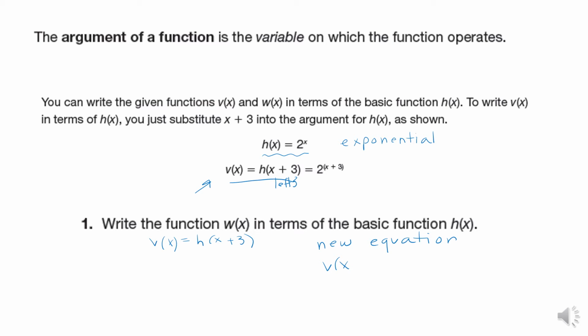So the v of x, and I would write it as 2, and then instead of just my x being alone up here, I put it in parentheses, x plus 3, on the argument. So it's with the exponent on the argument. Okay? Everybody see that? So pause if you want to and look that over a little bit. I do have a cheat sheet for you that I will put on the Google Classroom in a couple days.